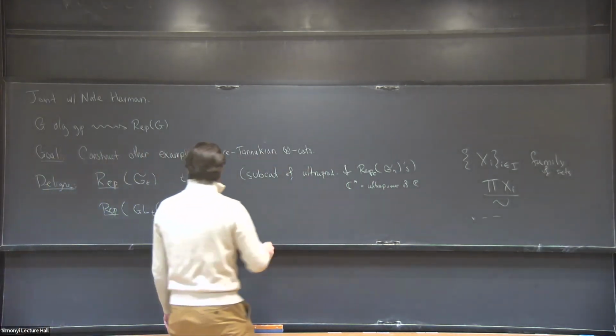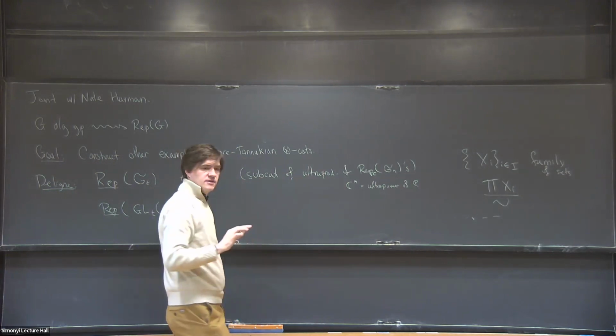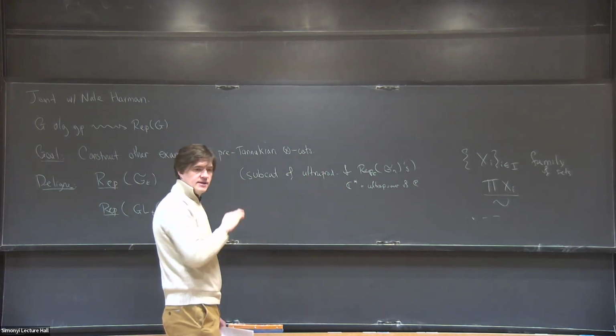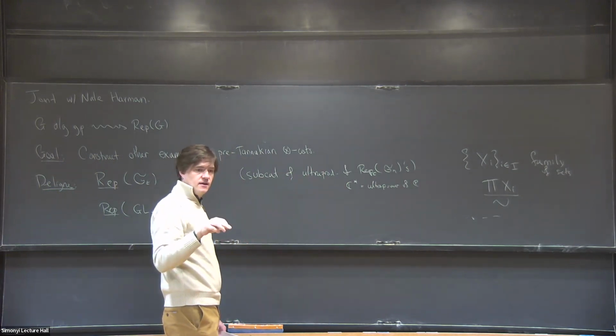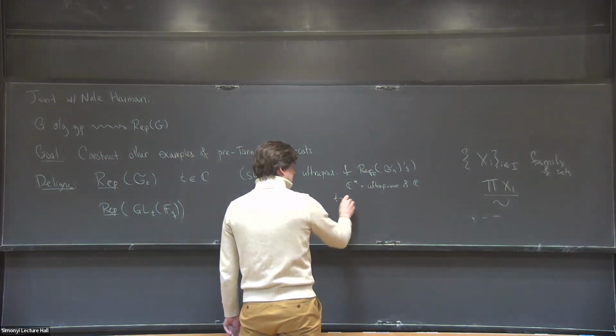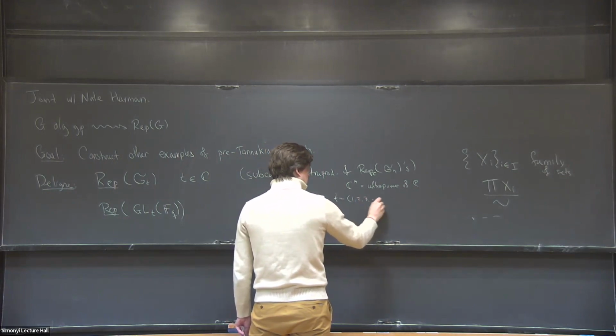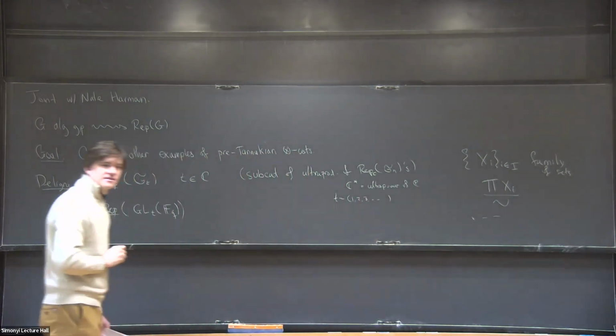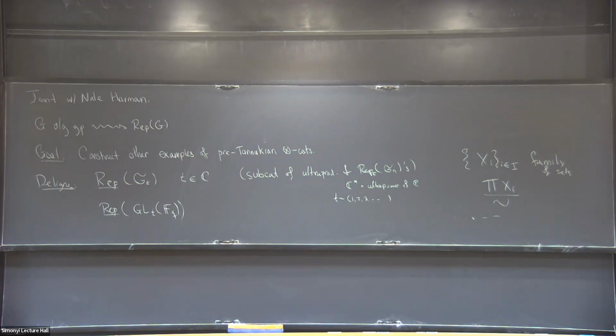And t is like the dimension of the basic representation. For Rep(S_n), the basic representation is C^n, and that has dimension n. So t will be the element of C* represented by the sequence of those dimensions. It's like the ultralimit of the dimensions.